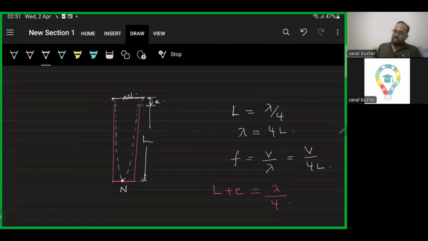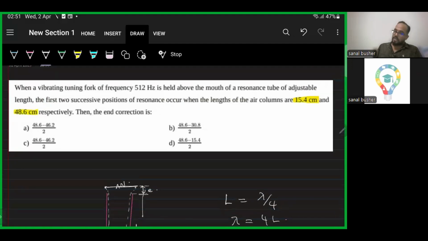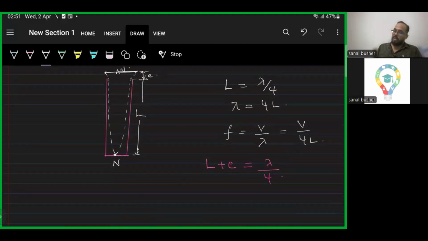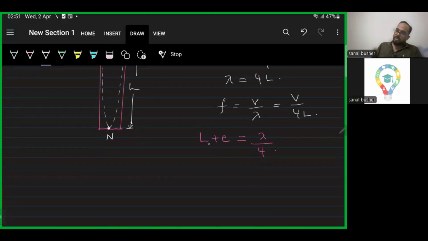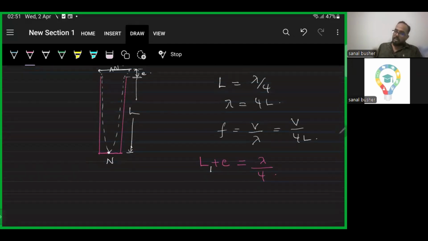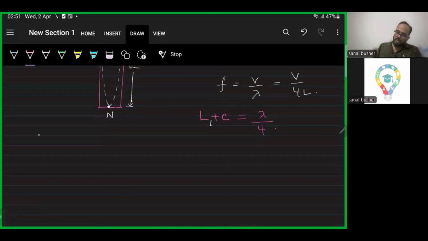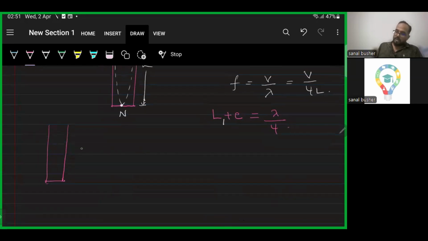Here resonance is obtained at 15.4 and 48.6 centimeters, right? So this is the first case, L1. And the second case: the next frequency, how will you find it? You have the closed pipe again. Now the length will change.